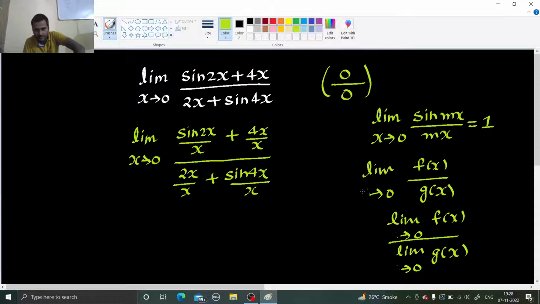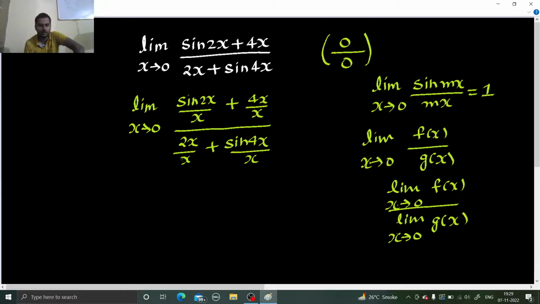So same thing I'm doing here. I'm writing this as limit x tending to 0 of sine 2x by x.